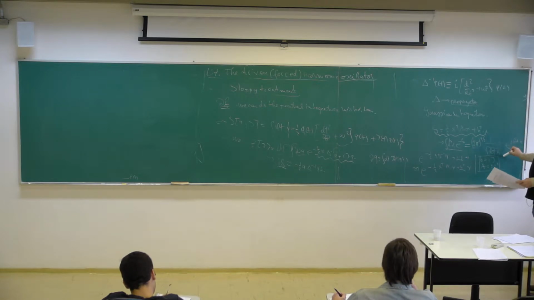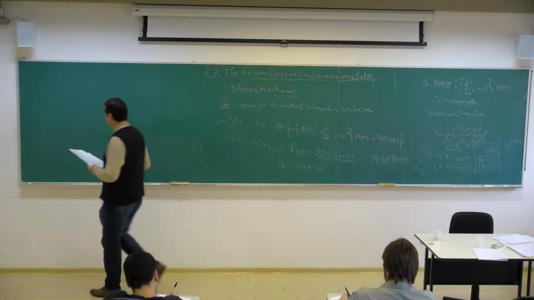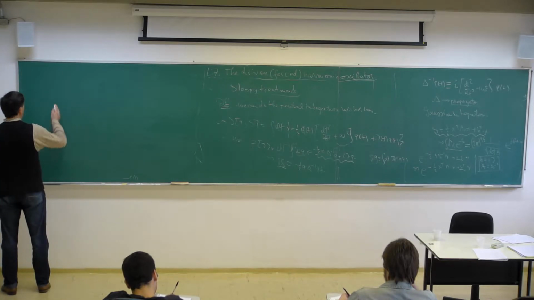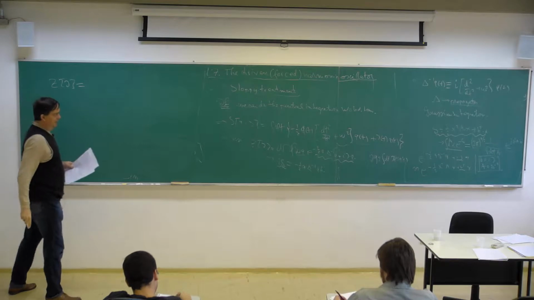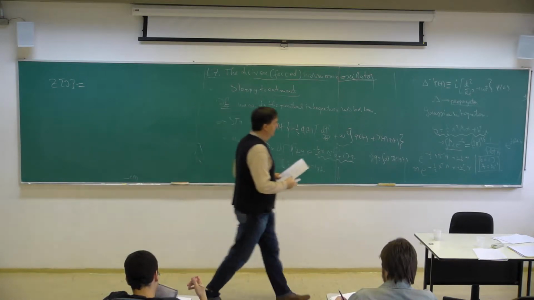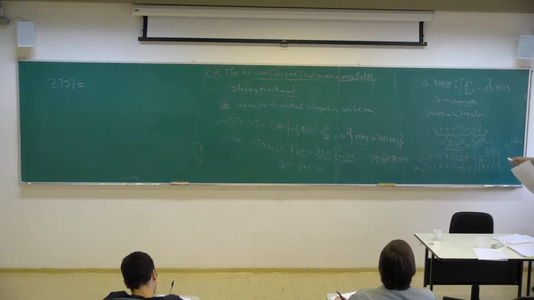Then 1 over the square root of the determinant of delta minus 1, which is independent of j.